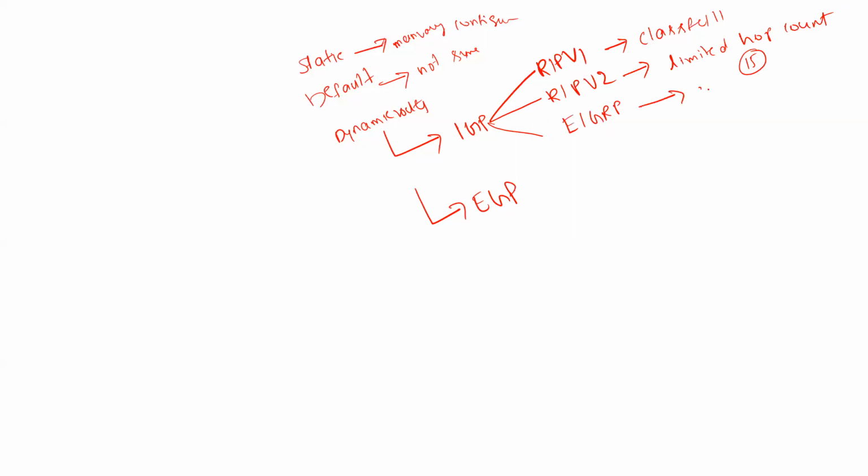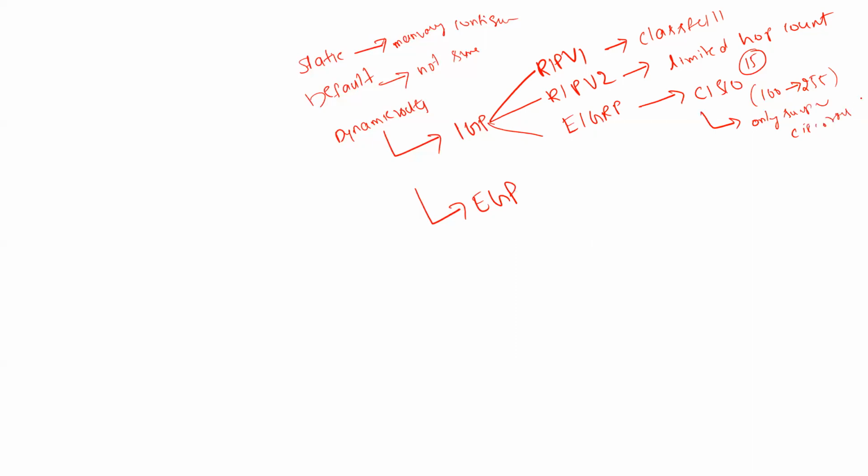It is a Cisco proprietary protocol. Here the limited hop count is resolved. It supports 100 by default, and we can extend it till 255. But the disadvantage is that it only supports Cisco routers.